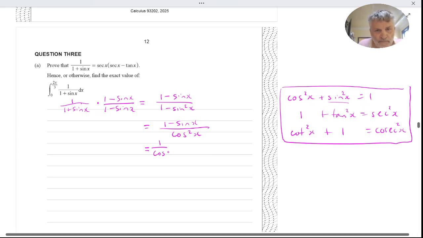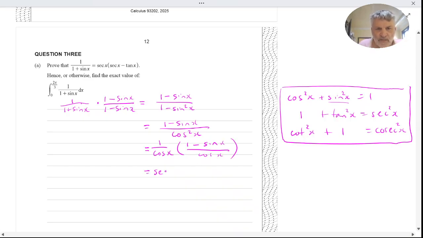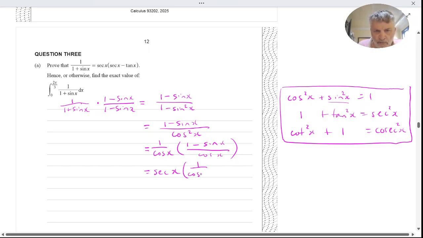If I rewrite this as 1 over cosine times (1 minus sine x) over cosine, I've got secant x out the front, and then 1 over cosine minus sine over cos. I could probably have done this a little quicker. That's exactly what we want: sine over cos is tan, and that's equal to the right-hand side.